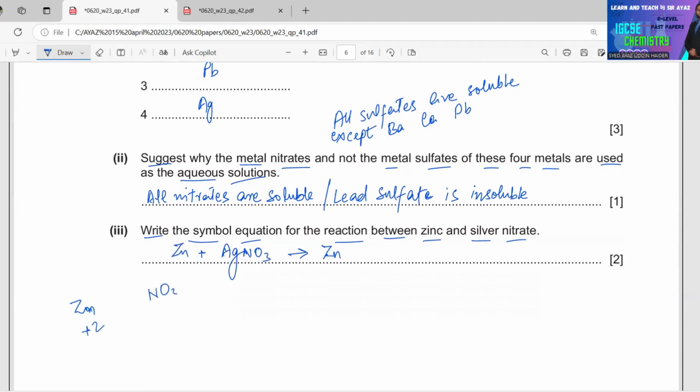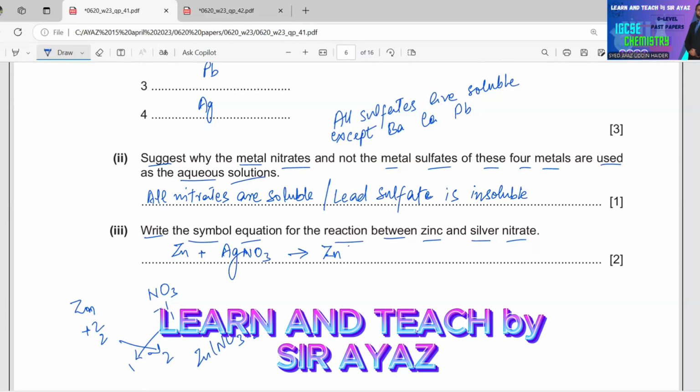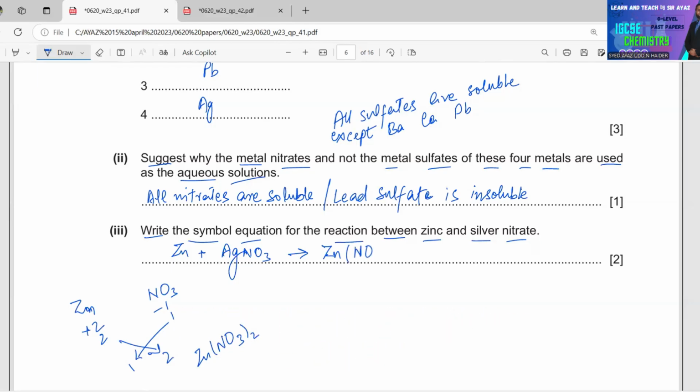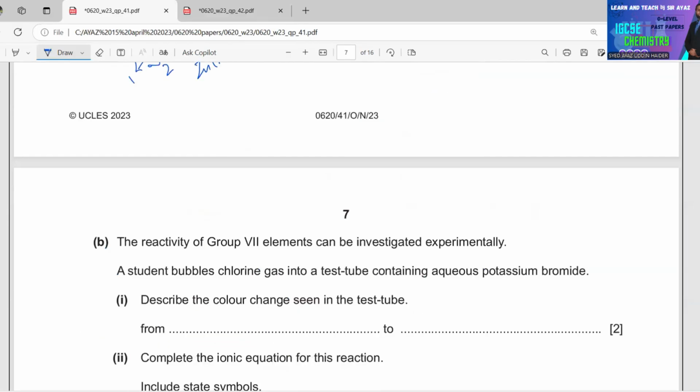Nitrate NO3 carries -1 charge. Ignore the charges. These will be exchanged as subscripts and you will get Zn(NO3)2. So I will write Zn(NO3)2 plus Ag. Now we balance the equation. We need to put 2 before AgNO3, and on the product side we have 2Ag. So this will be the final balanced equation.